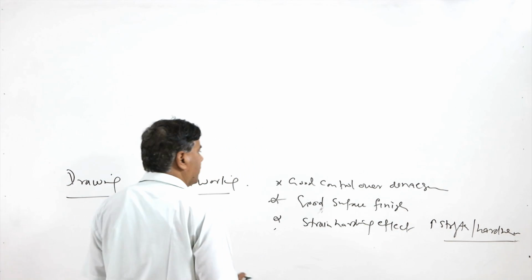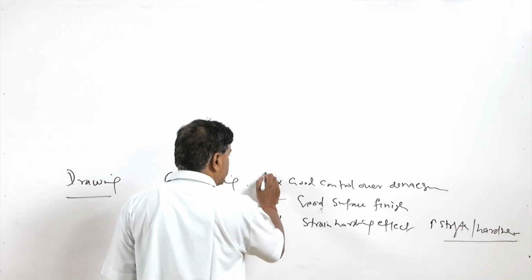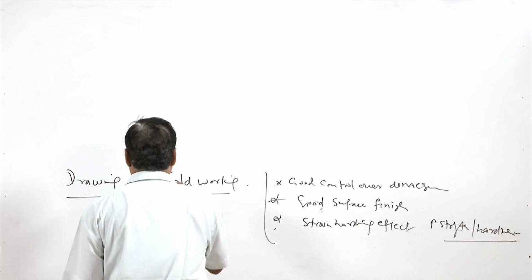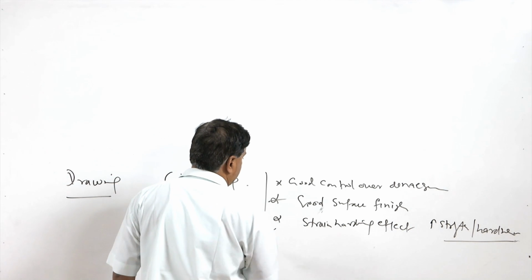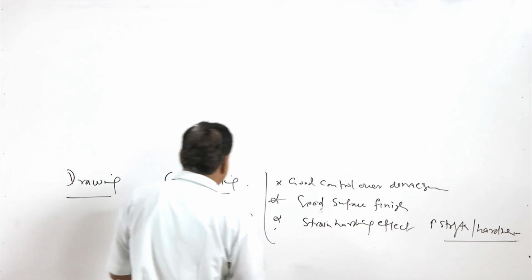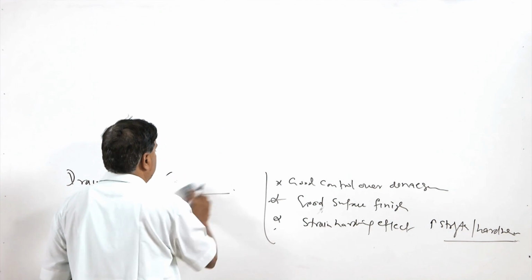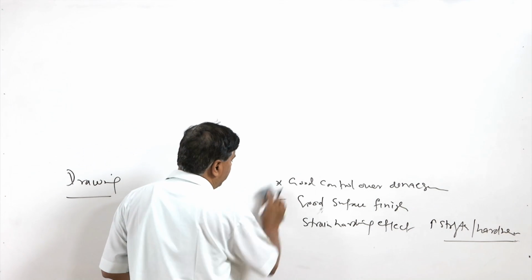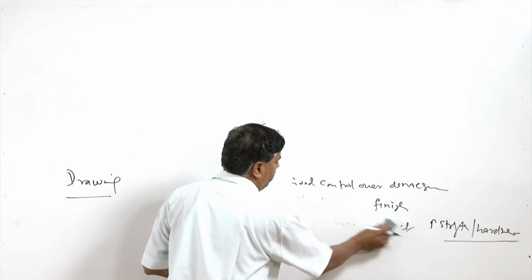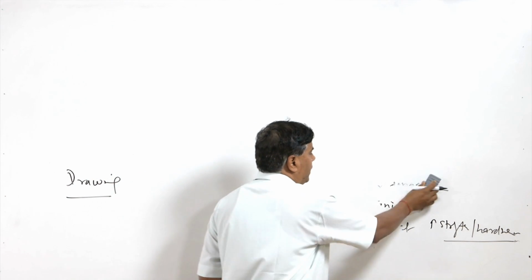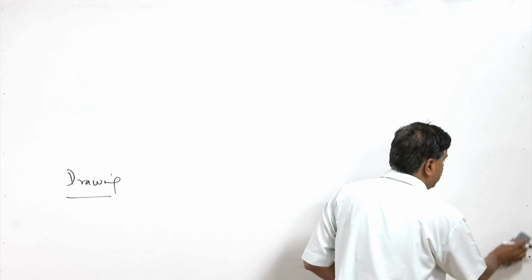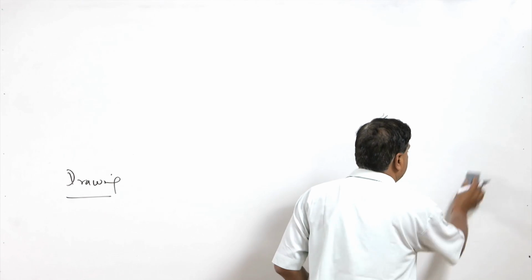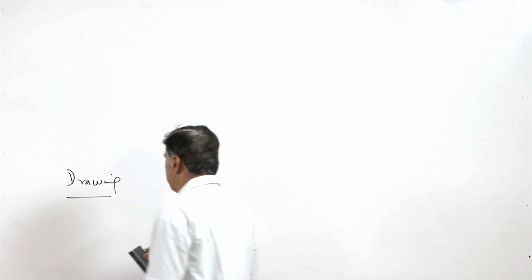So these are some of the positives of the wire drawing process. But if the conditions for wire drawing are not favorable, then these will result in some issues also.